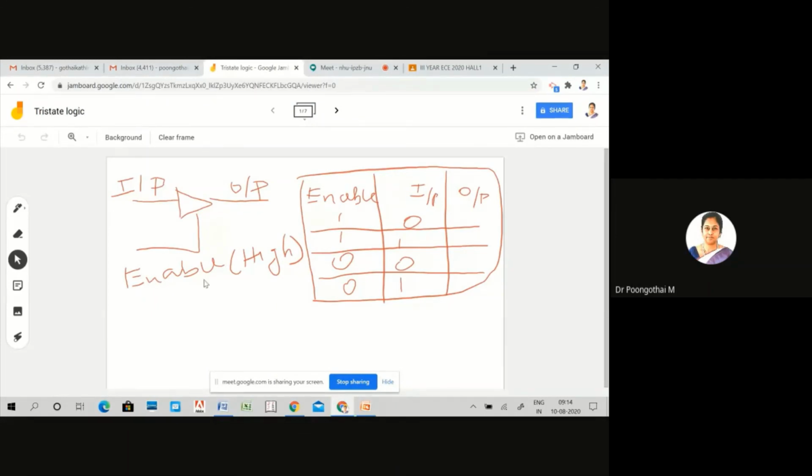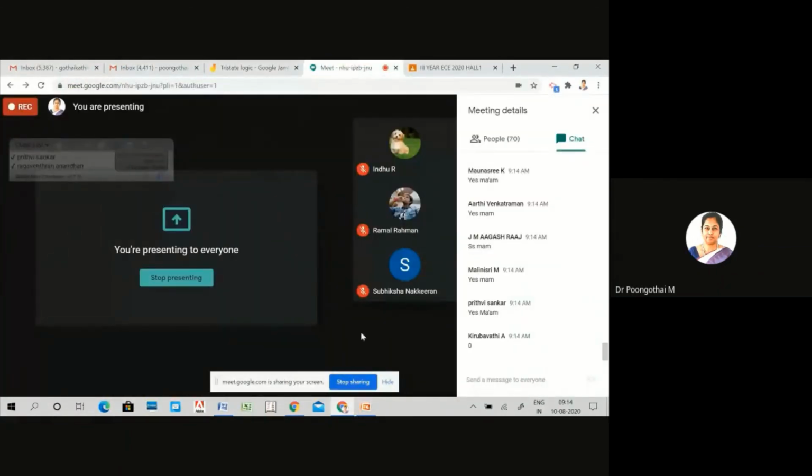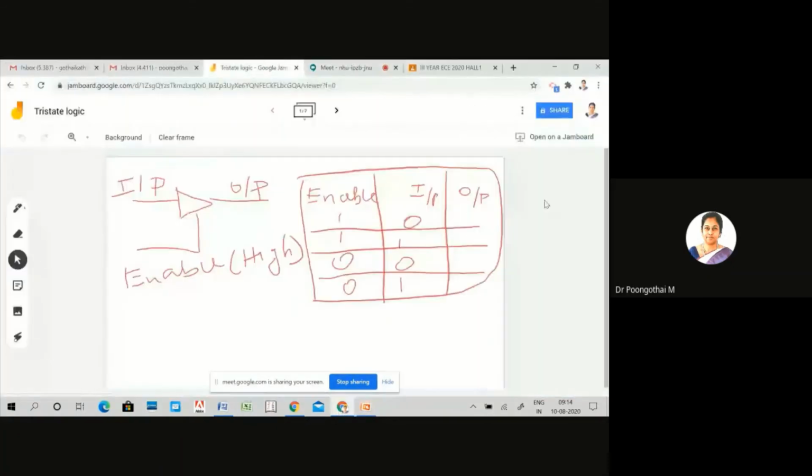So this is your active high buffer. Enable is high, input and output. So the first combination, your enable is 1, input is 0. What will be the output? 0. So your output is 0.